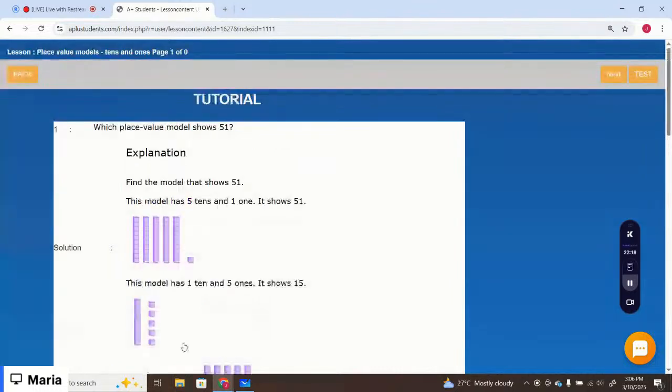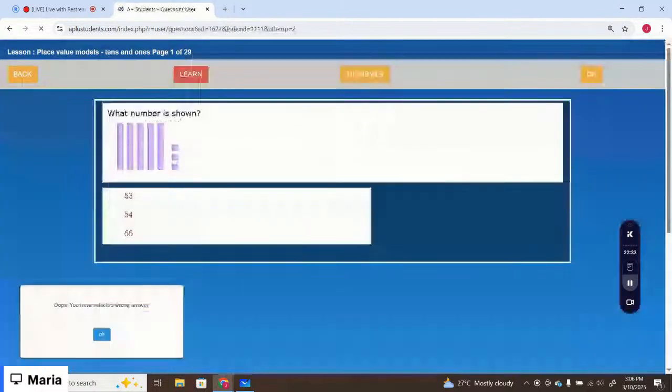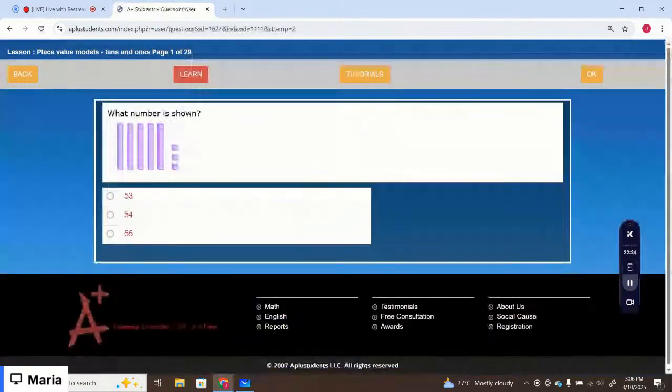Let's just start with the test questions. Which number is shown? Which is the correct option? One, two, three, four, five.